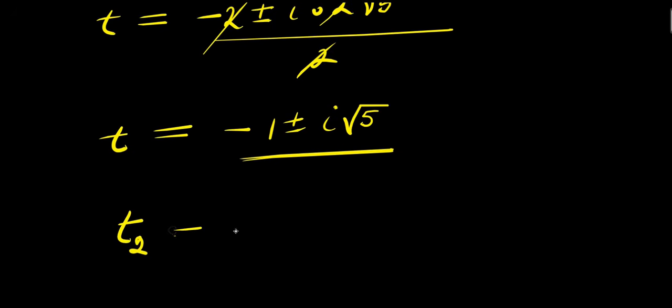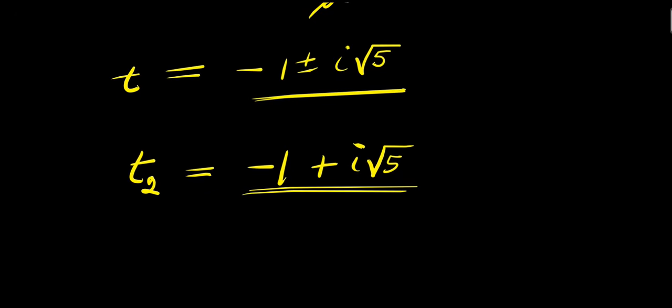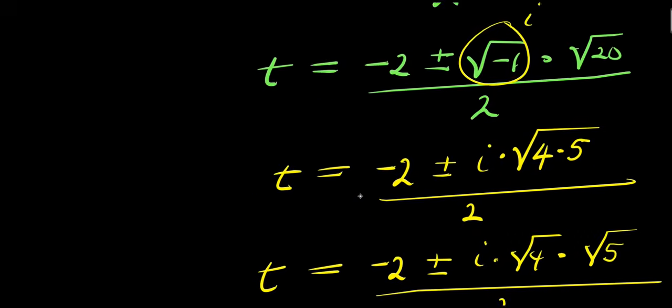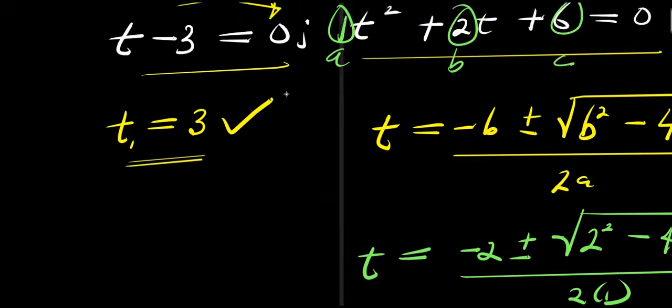I have t2 here equals negative 1 plus i root 5. I also have t3 equals negative 1 minus i root 5. So these are the two complex values for t. You also have one real value for t, which is 3.